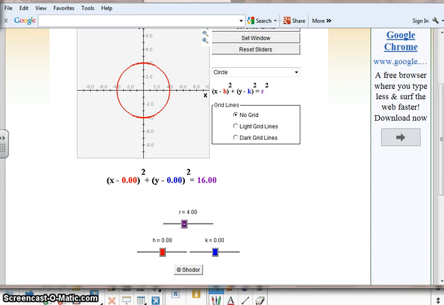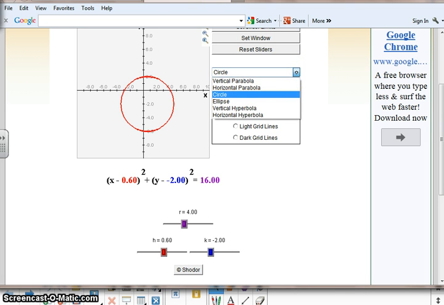If you move h, which is this red number, it's going to move it to the left and to the right, based on if it's a negative or positive number. And this one is going to move it up or down, because that's the k value. It's with the y. That's cool, and you can play around with that.